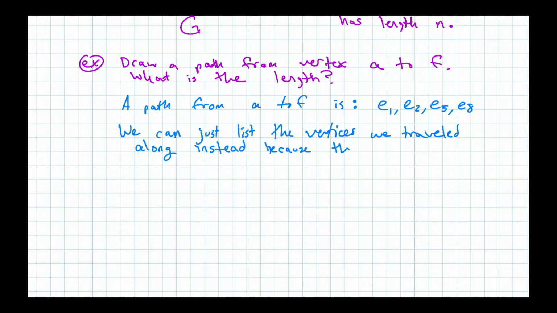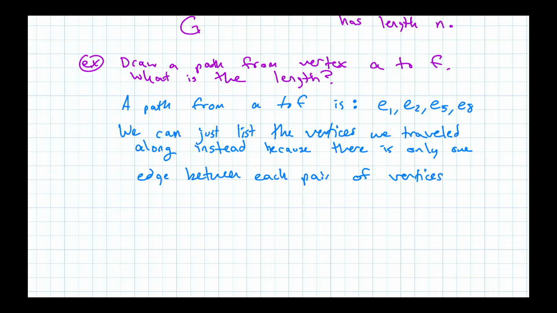There's only one edge between each pair of vertices, actually. So technically we have the path up here, but we could have just listed it like this instead.